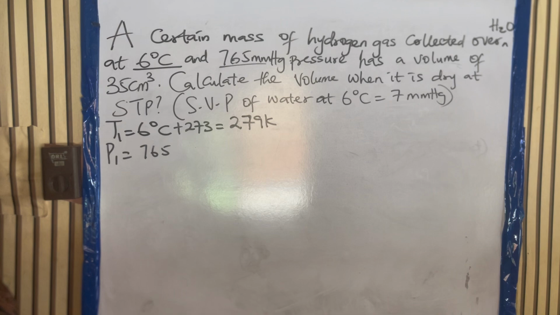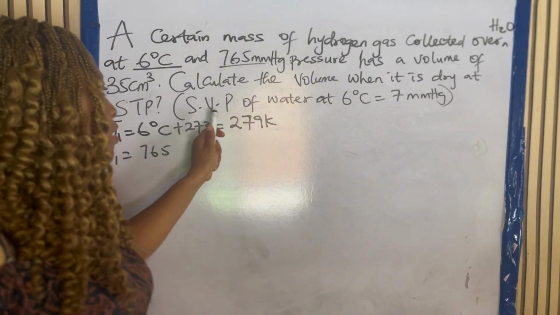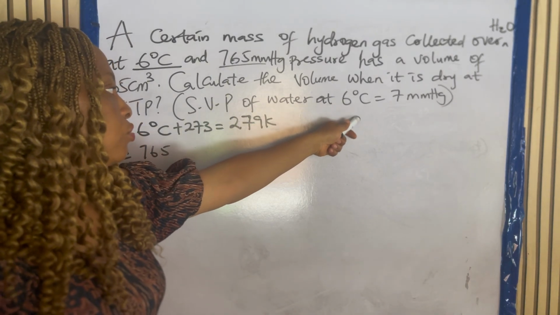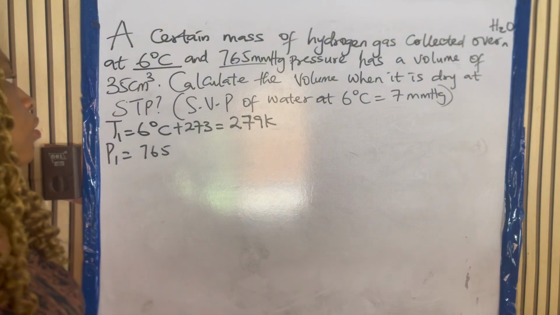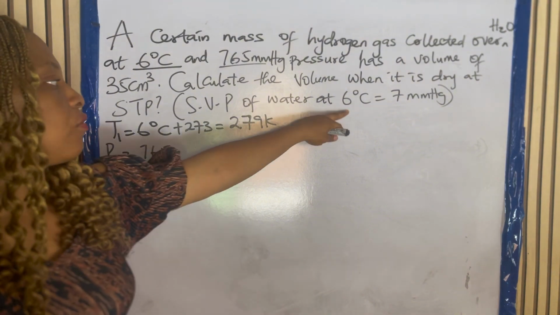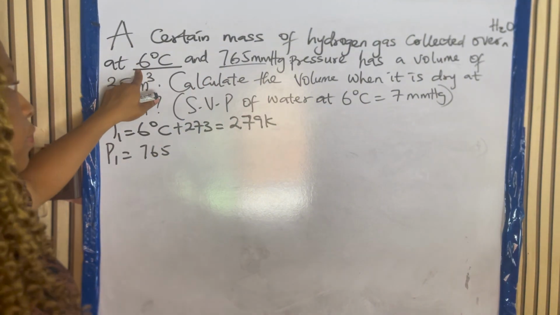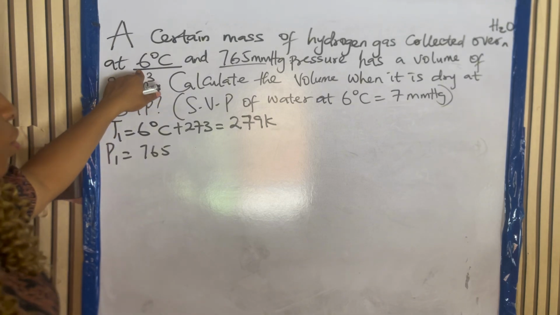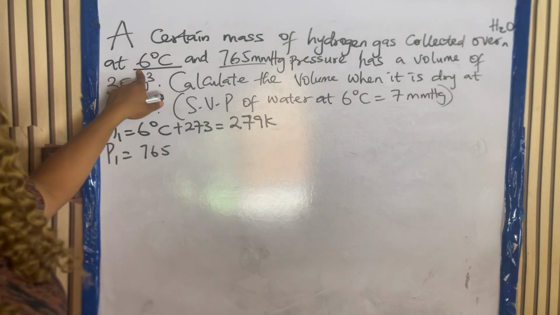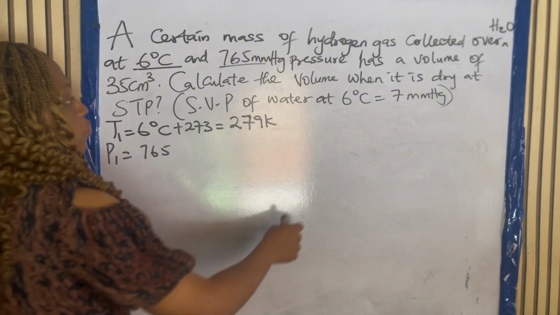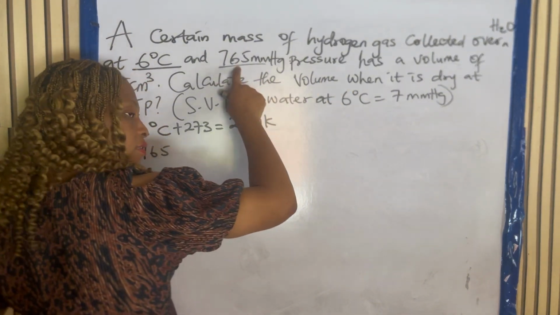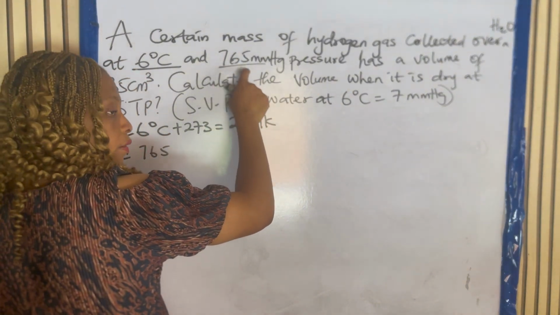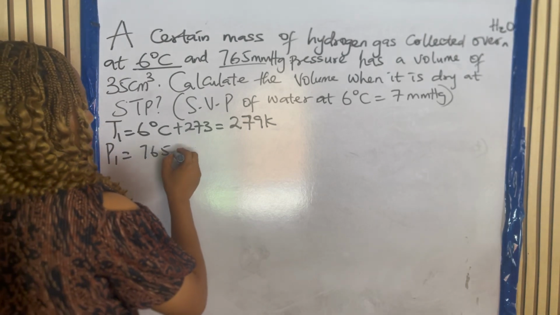Now, you were told that the saturated vapor pressure of water at 6 degrees Celsius is 7 millimeter mercury. So you are going to subtract this 7 millimeter mercury from this, which is P total. So 765 millimeter mercury minus 7.